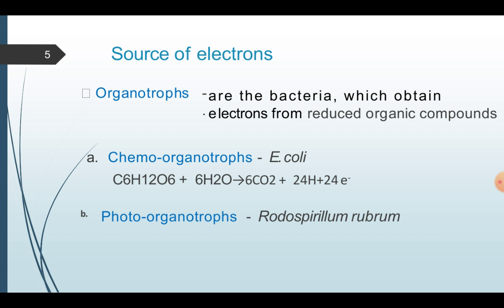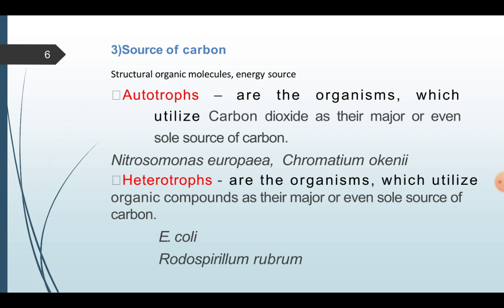Organotrophs are the bacteria which obtain electrons from reduced organic compounds. Chemoorganotrophs, E. coli. These are the chemical reactions of chemoorganotrophs. Photoorganotrophs, Rhodospirillum rubrum. Third one is source of carbon: structural organic molecules and energy source.